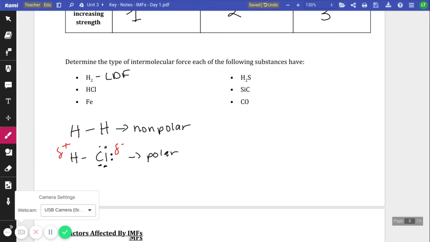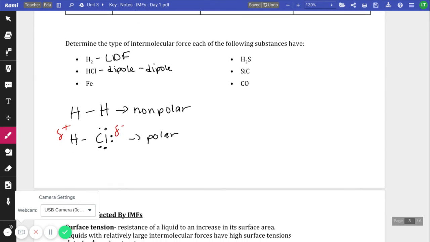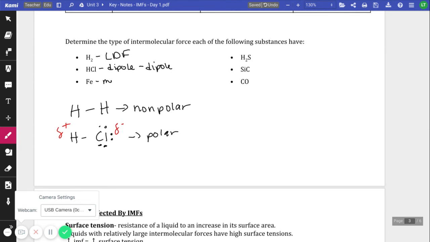It does have hydrogen, but it's not bonded to nitrogen, oxygen, or fluorine. So this one would only have dipole-dipole forces between it. Next we have Fe. Fe is a metal, so it's going to experience metallic bonding.